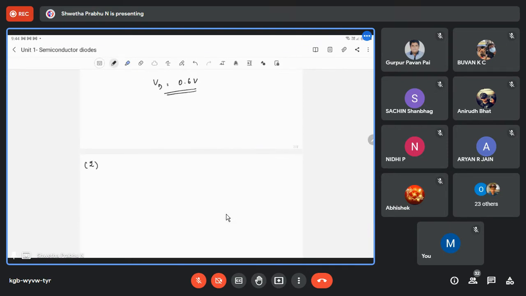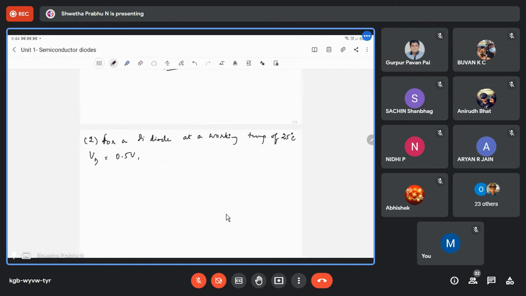Next question. For a silicon diode, make a note. For a silicon diode at a working temperature of 25 degrees Celsius, the forward voltage, I'll mention it as Vd, applied across the diode is 0.5 volts.